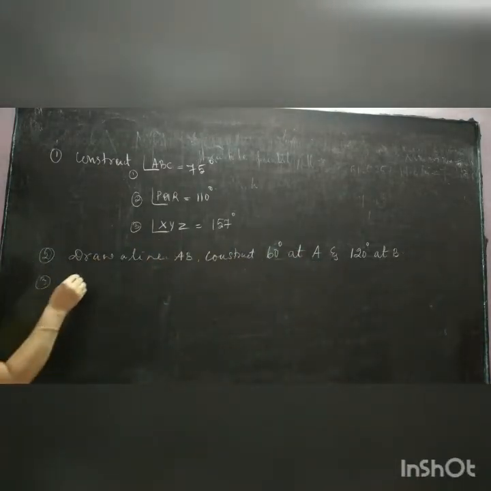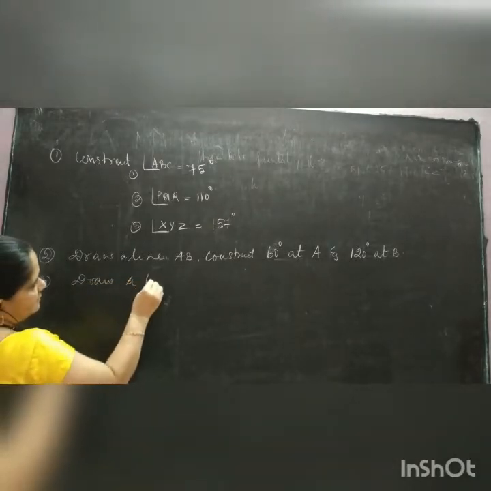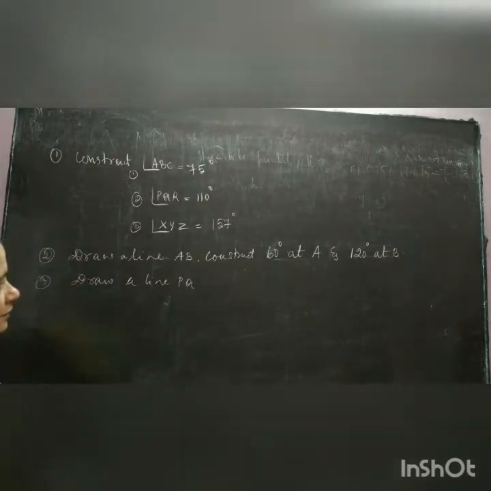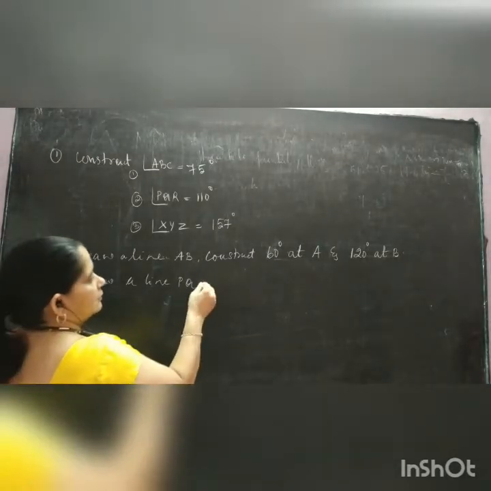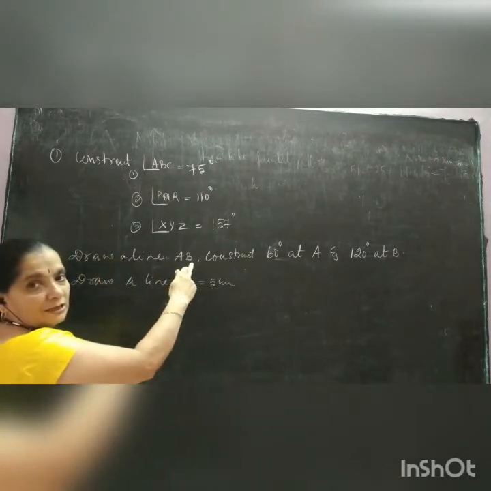Third one, draw a line PQ. Draw a line PQ is equal to 5 centimeter. This AB you can take any length.